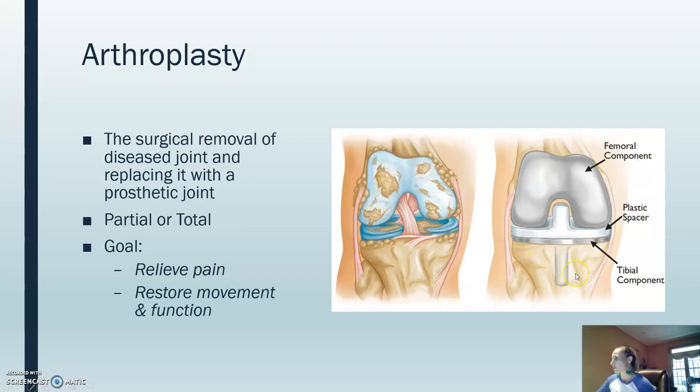So this is a last resort. Before we do that, we might try to just do pain management and physical therapy. They may take NSAIDs or even cortisone shots in that area to try to keep them active and mobile as long as possible before we do this type of surgery.